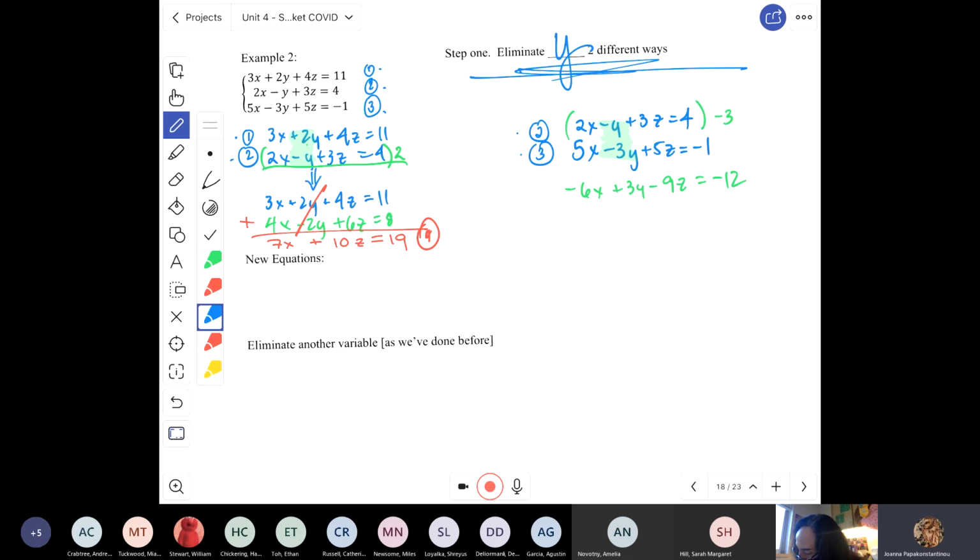My second equation I didn't change. Now if I add the 2 together, we get this, and I'm going to call that equation 5. I have now taken my system of 3 equations and 3 unknowns and reduced it to 2 new equations in 2 variables. So let me rewrite my new system.